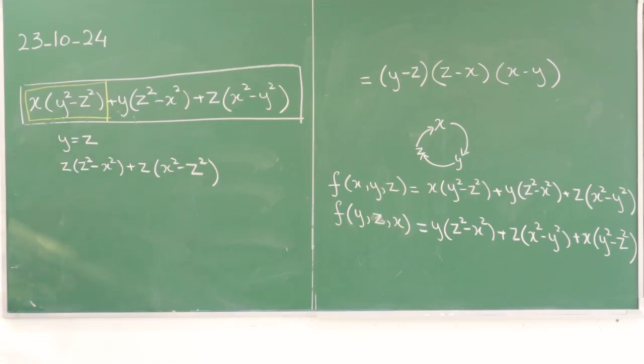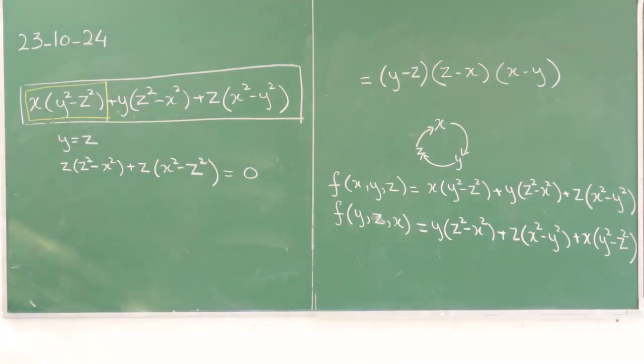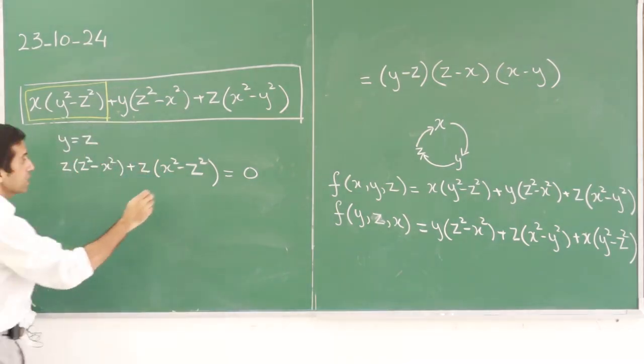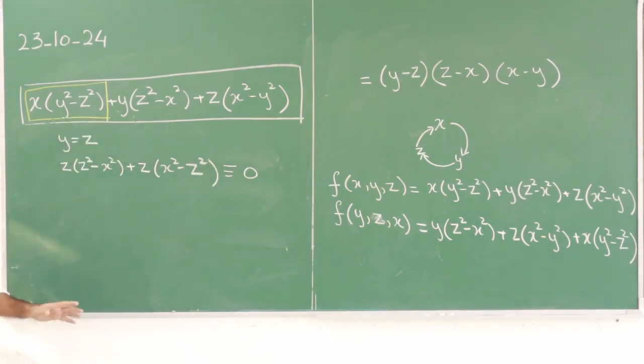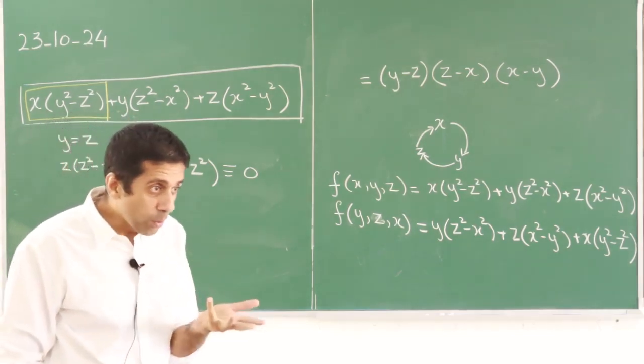What's this equal to? Just equal to 0, right? This is identically equal to the 0 polynomial. So when you set y equal to z, the polynomial is the 0 polynomial.